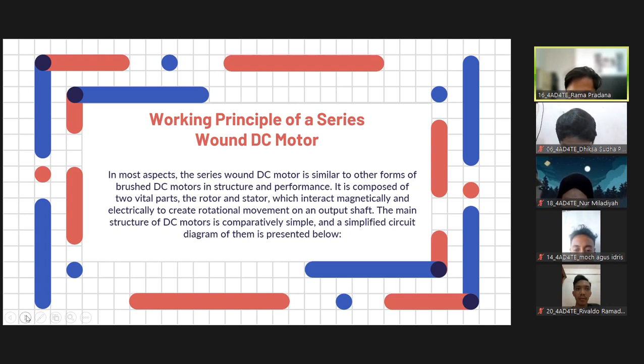It is composed of two vital parts, the rotor and stator, which interact magnetically and electrically to create rotational movement on an output shaft. The main structure of a DC motor is comparatively simple, and a simplified circuit diagram of it is presented below.